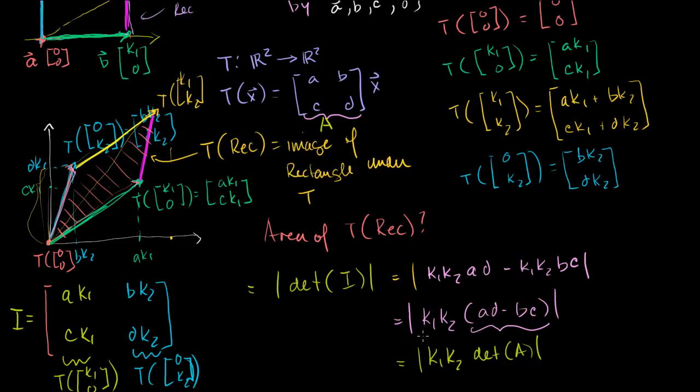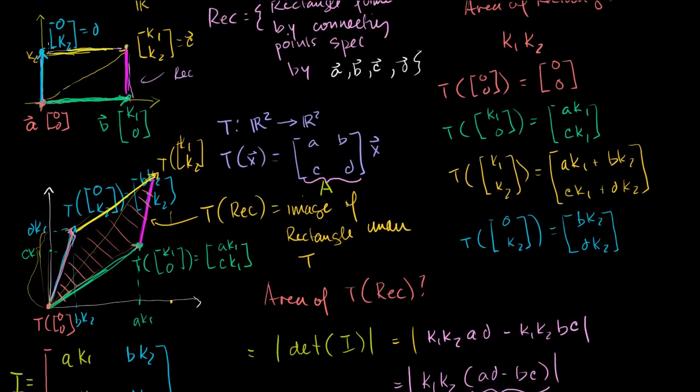What this is telling us is, look, if I have some region, or in this case I just have the rectangle, but if I have some region in my domain, and let's say my region has some area, let's say in this case it has some area. Let me write this as area. This was my original area in my original region, right?